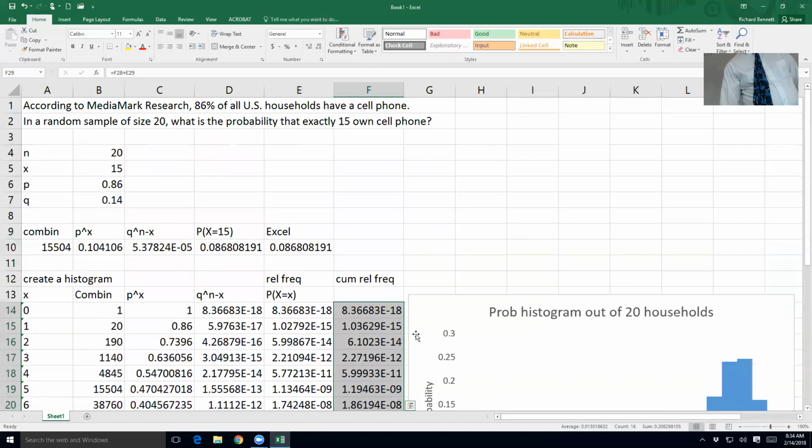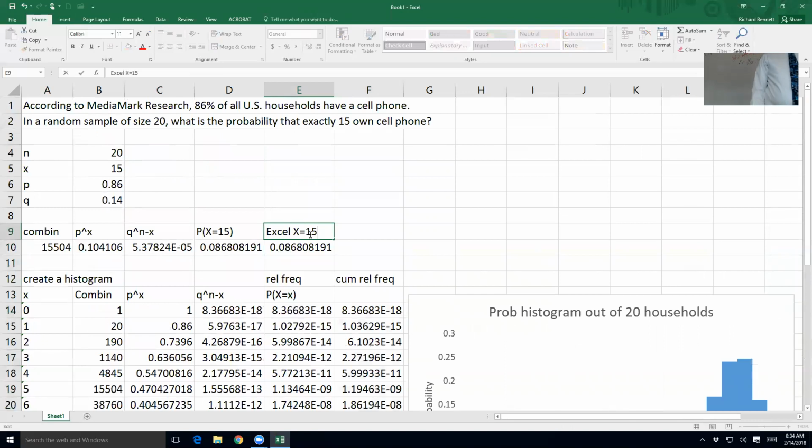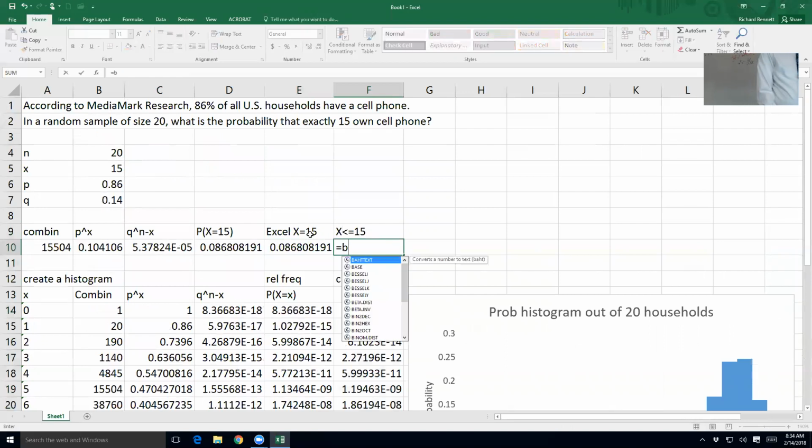Okay. So going back to this, this is Excel where X equals 15. It's 8.6%. What if I wanted X less than or equal to 15? This function, Binomial, will do that for me. What's the number of successes? 15.